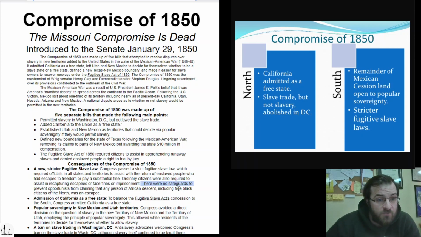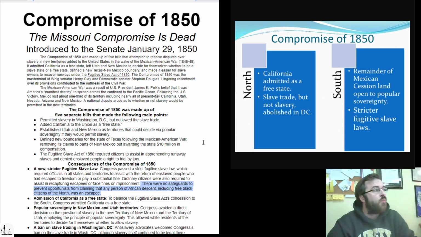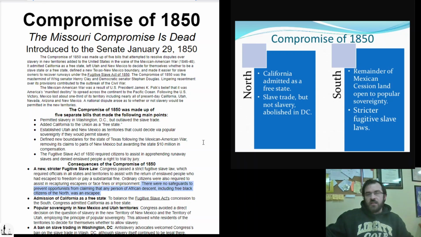There were no safeguards to prevent opportunists from claiming that any person of African descent, including free Black citizens of the North, was an escapee. You have a neighbor and they happen to be African American. You don't like them. They have a bigger, nicer house than you. You want it, but you can't afford it. Just claim that they're a runaway slave. No one in their family's ever been a slave before.